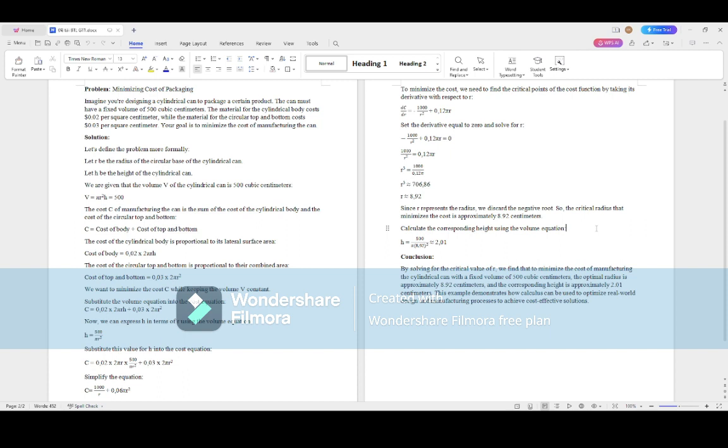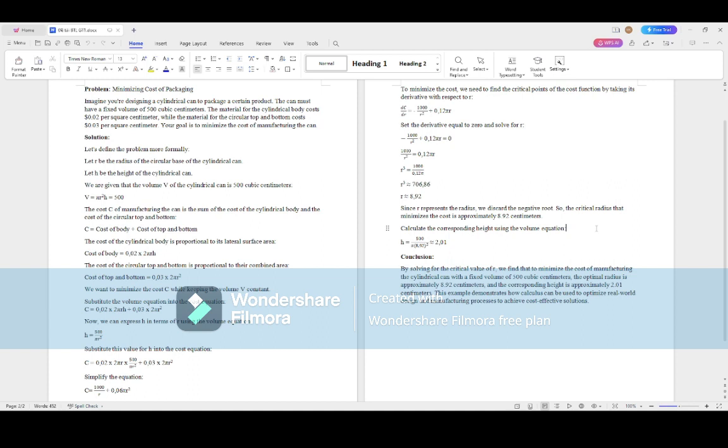Imagine you are part of a team responsible for designing packaging solutions that not only protect the product but also minimize the manufacturing costs. This seemingly simple task can have a significant impact on the company's profit and environmental sustainability.